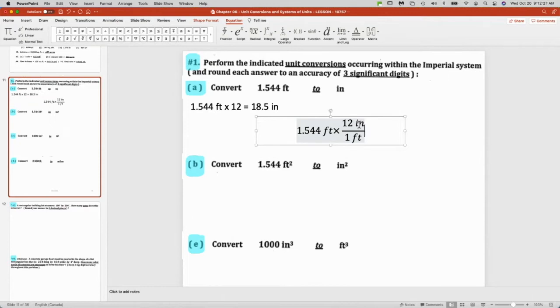Why would I do that? First of all, let me ask you in the chat again: is that highlighted fraction equal to 1? Yes or no?